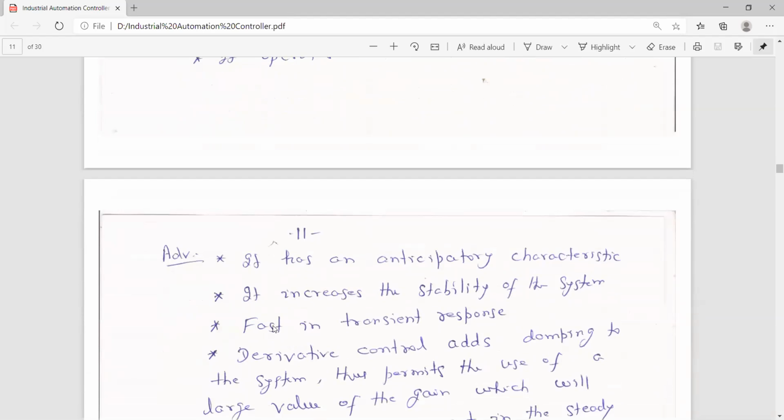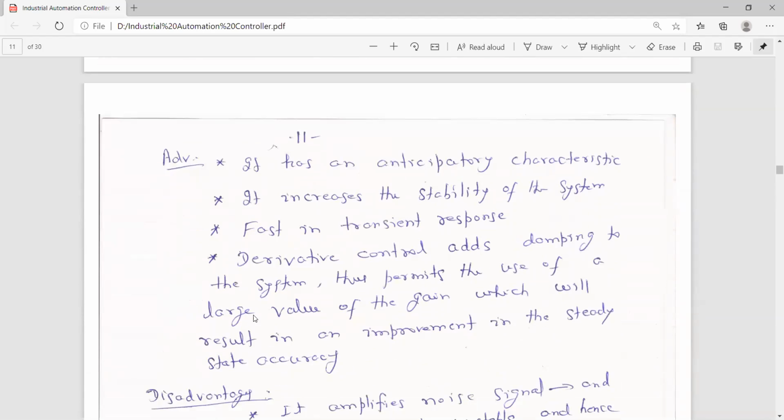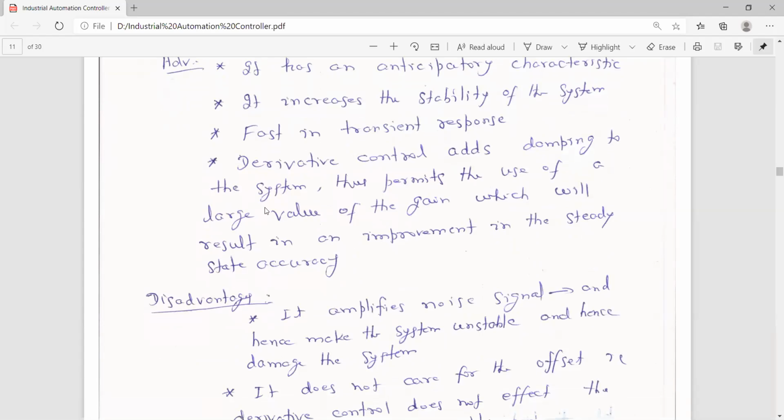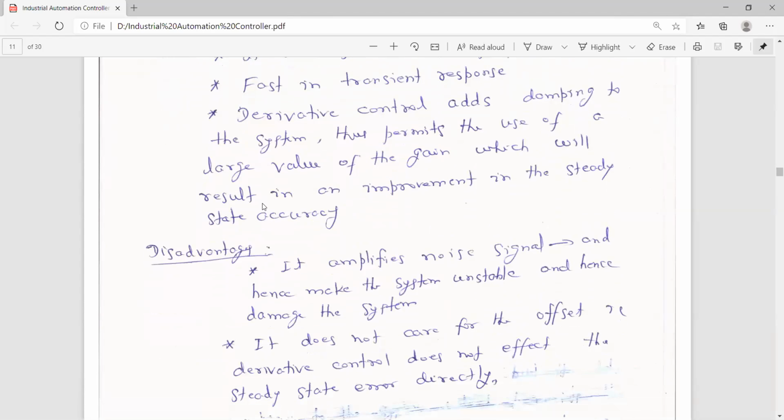Now, if you consider the advantages of the derivative controller, it has anticipatory characteristics. It can identify the error in advance, and accordingly it can take action. It increases the stability of the system and improves the fast transient response. Derivative control adds damping to the system and thus permits the use of a larger value of gain, which will result in improvement of the steady state, not directly but as an indirect effect.